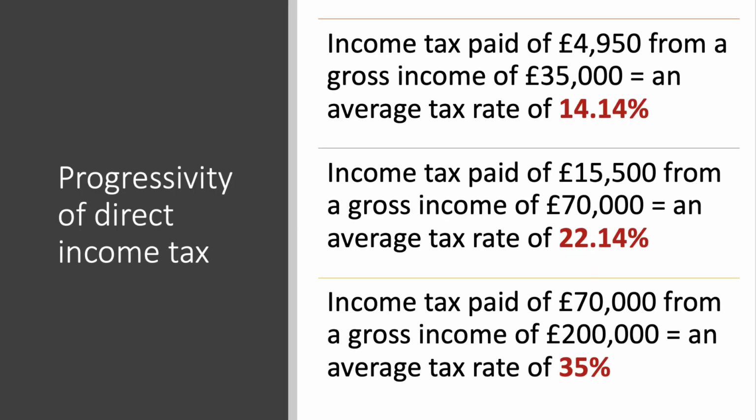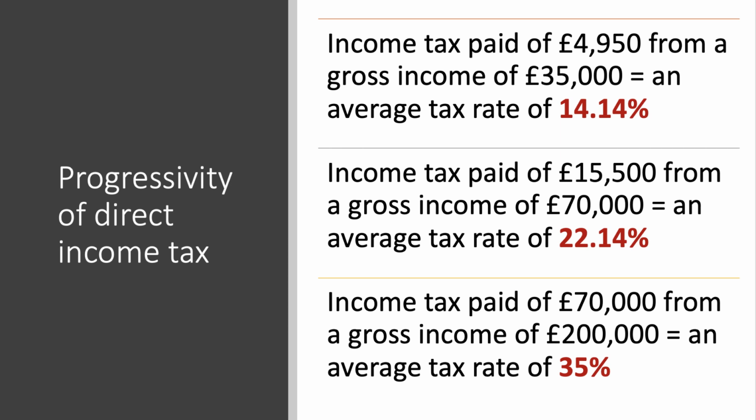Let's see how these figures add up. The person on £35,000 a year pays £4,950. That's an average tax rate of 14.1%. Double the income to £70,000, they pay £15,500 in income tax. That's an average tax rate, just dividing one by the other, of 22%. Somebody on £200,000 a year pays £70,000 a year in income tax.